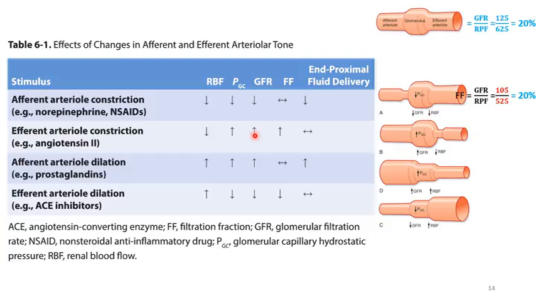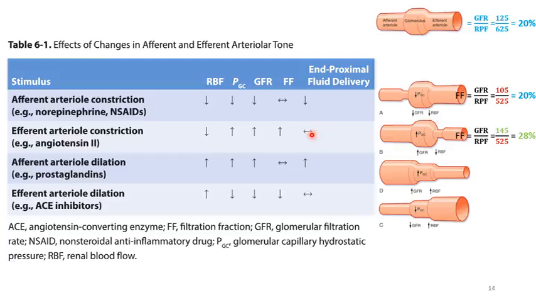So the GFR will increase and filtration fraction will increase. You see, the renal plasma flow is decreased, but the GFR is increased more than the normal level. Overall filtration fraction is much higher. About 28% of the plasma that reaches this level will be filtered. But the end proximal fluid delivery is not changed in this condition.